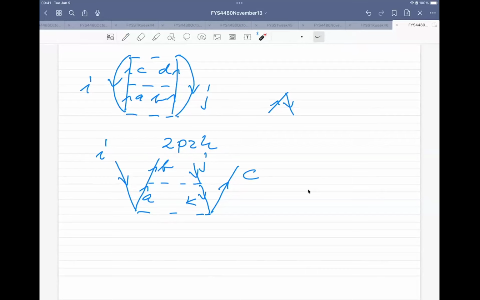And this needs to be contracted with a term like this one. So this one led to that diagram here, but when I contracted with this one, this is going to give me a diagram which is a little bit different, and at the end it's going to look like this.